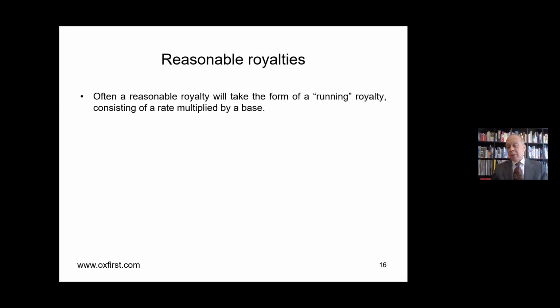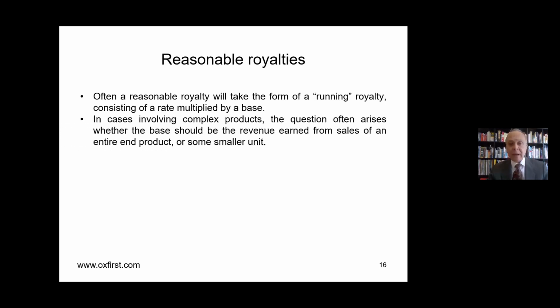A reasonable royalty award will often take the form of a so-called running royalty, meaning that we take a rate and we multiply it by a base. And so in cases involving complex products, meaning products that may embody multiple patented technologies, the question often arises whether the base should be the revenue earned from sales of an entire end product or some smaller unit.